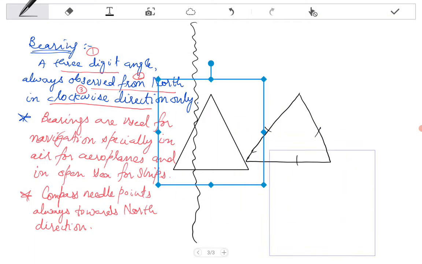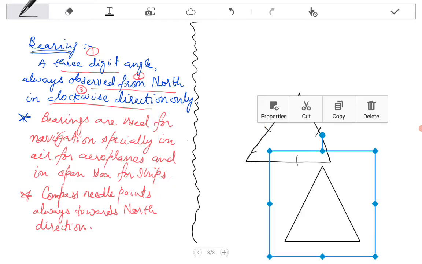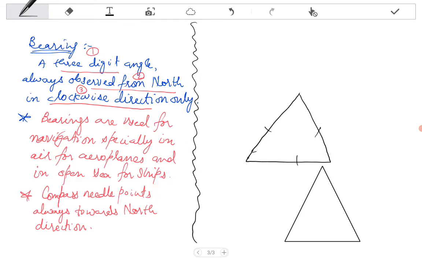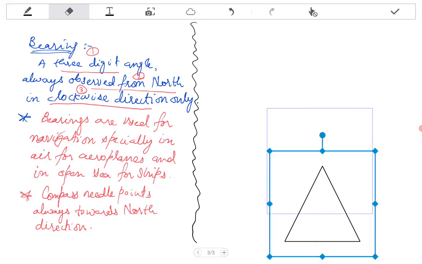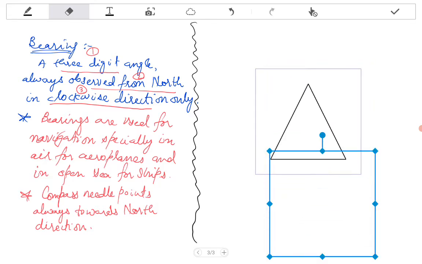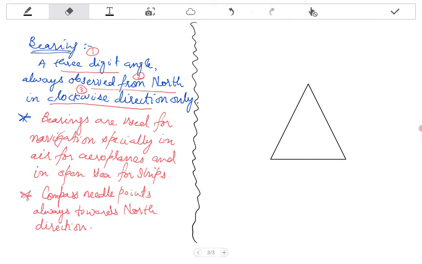Better to keep this one. So all sides are equal, so all angles are equal, so obviously each and every angle is 60 degrees in this shape.